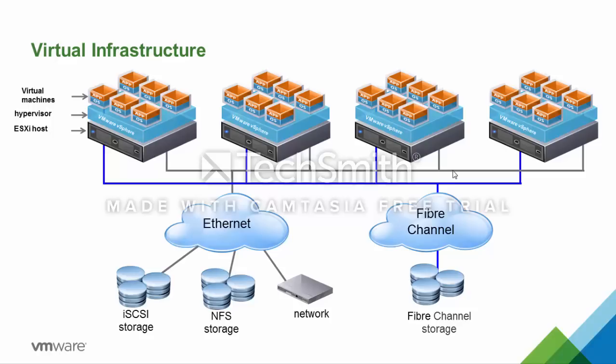And of course, we still can leverage things like centralized storage to achieve availability, like iSCSI, NFS, fiber channel, virtual volumes, vSAN capabilities, which I'll get into in our later presentations when I get to storage. But the idea, of course, is that we can share these underlying physical resources because we have larger capacities available.